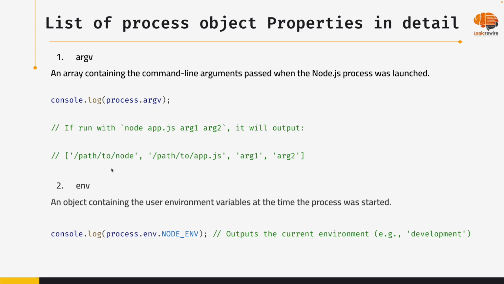Next is env. env is nothing but the current environment. There are multiple environments available. Whenever you go to any company, one project will have multiple servers. Why multiple servers? One server will be provided for customers to view directly, so that server should not break.